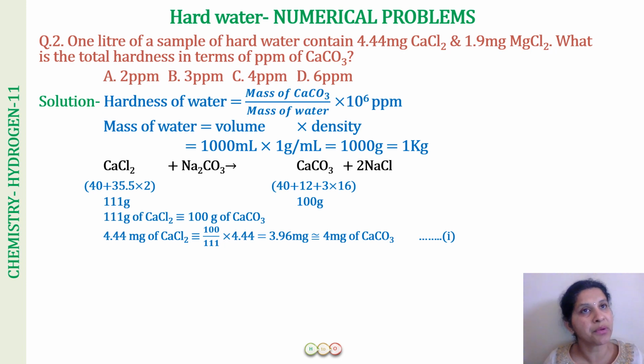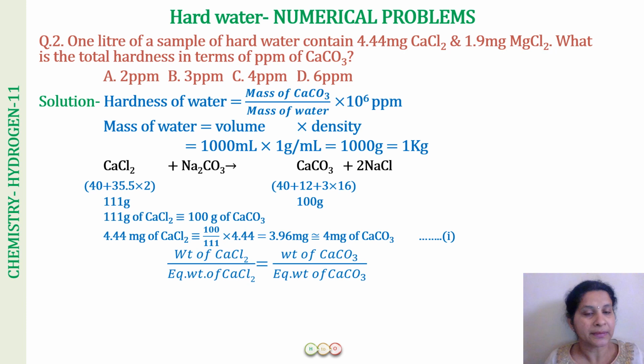We can use the equivalent concept also over here, where the number of equivalents of calcium chloride and calcium carbonate will be the same in the reaction, right? So the number of equivalents of calcium chloride, which is the weight of calcium chloride over the equivalent weight of calcium chloride, will be equal to the number of equivalents of calcium carbonate.